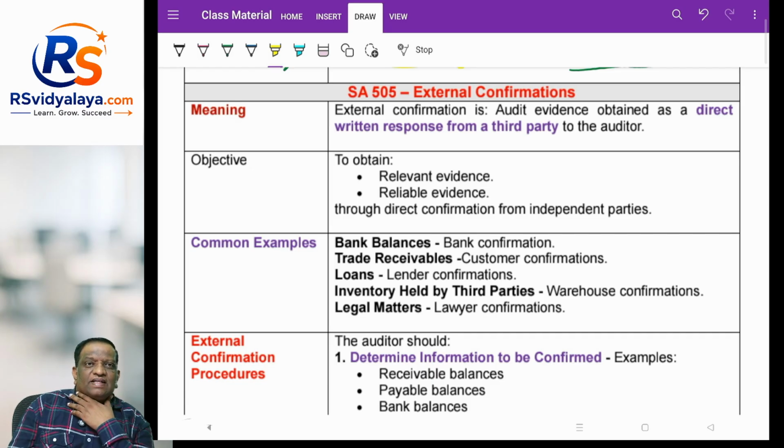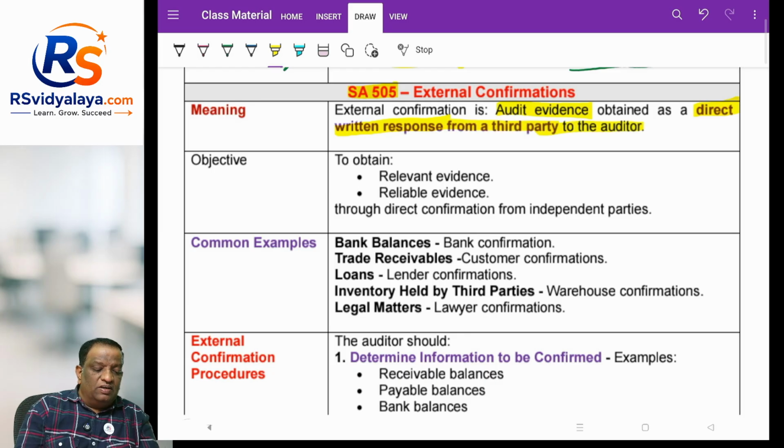Let's continue with SA 505, the third standard. We discussed SA 500 and SA 501, and now we are moving on to SA 505, external confirmation. What do you mean by external confirmation? Any evidence obtained by the auditor as a direct written response from the third party to the auditor.